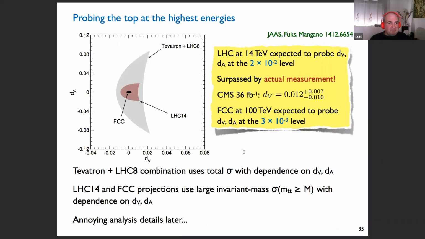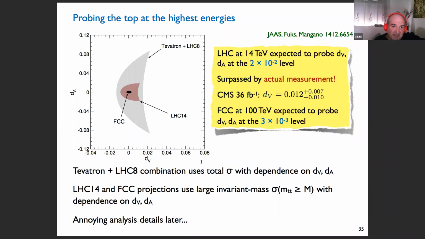Some time ago, other people and I explored the potential of the LHC and future colliders to probe this chromomagnetic and also the chromoelectric dipole moment. You see this plot summarizing the potential of different colliders.